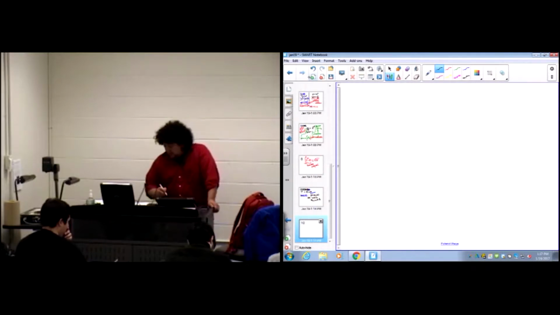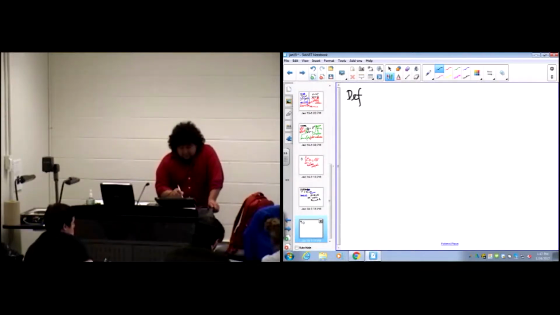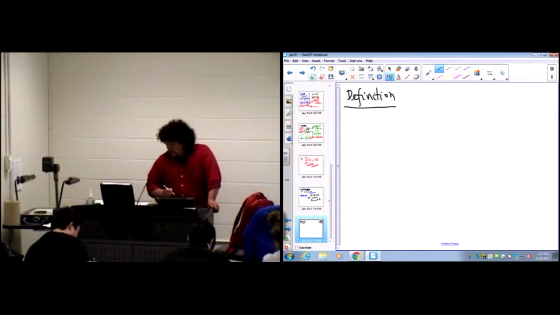Also, the other property required for the invertibility of functions is being surjective. Okay, so we would say that a function is onto.